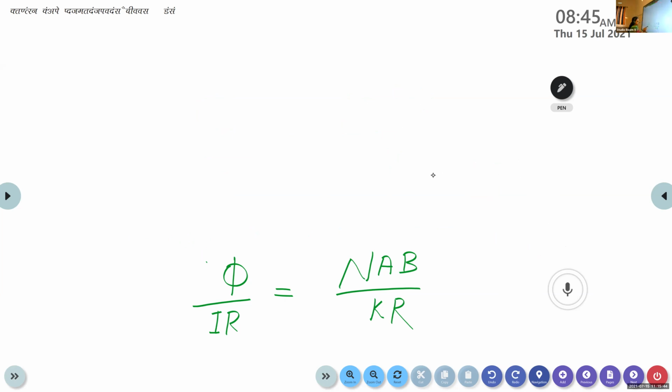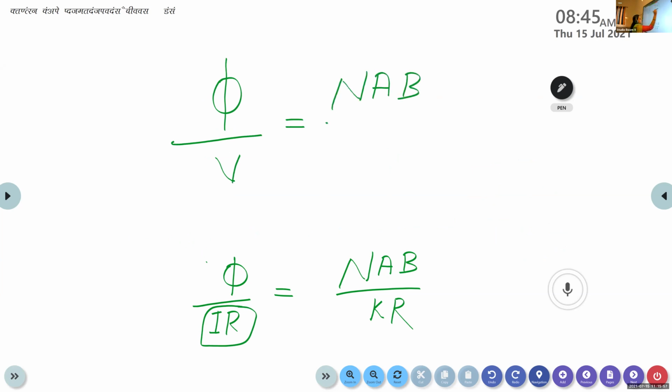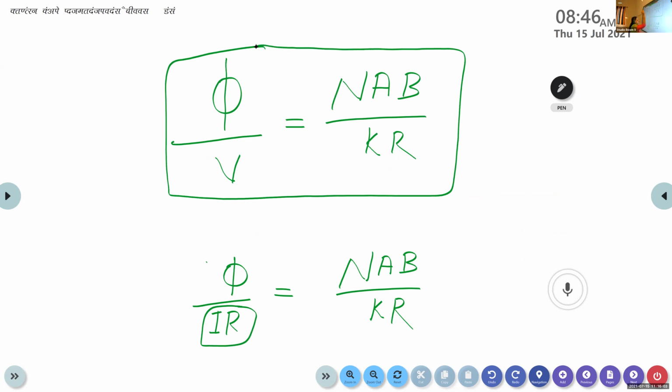And we know that, according to Ohm's law, this IR is the potential difference. So we can modify this equation: phi by V is equal to NAB divided by KR. This is the equation for voltage sensitivity of a galvanometer. Phi by IR is equal to NAB by KR, or you can modify it into the form phi divided by V is equal to NAB by KR.